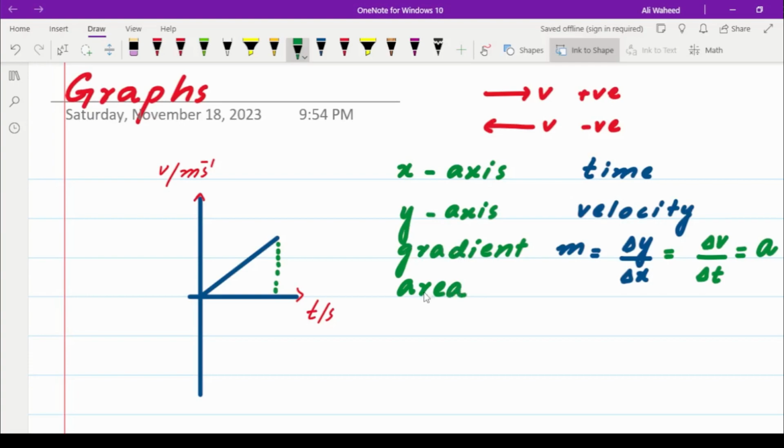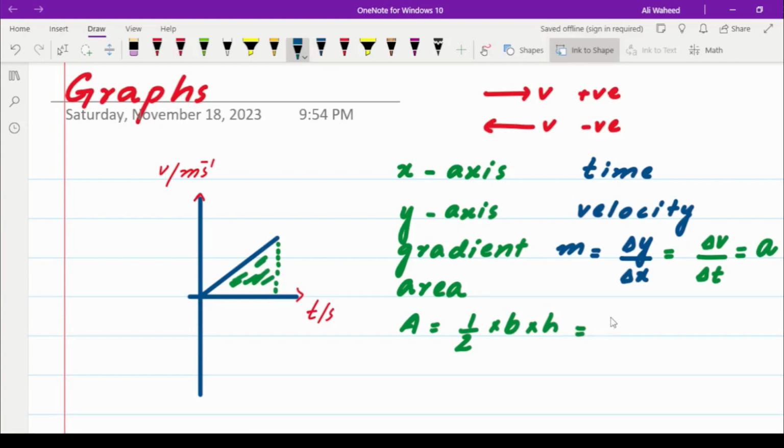And at the end, we have the area. So for example, we have this graph, and in order to find the area, we have to find the area of this shape, which is the triangle. And the formula for area of triangle is 1 over 2 times base times height. So 1 over 2 is a constant number.